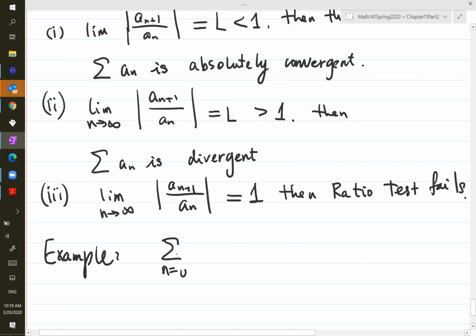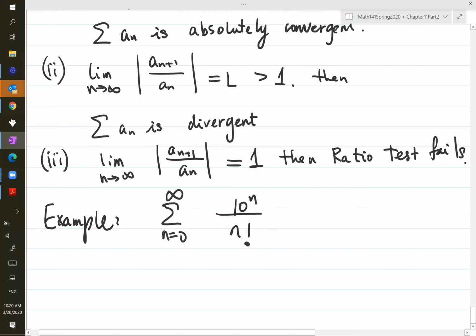Consider the series from 0 to infinity of 10 to the power n over n factorial. So the general term a_n is 10 to the power n over n factorial.